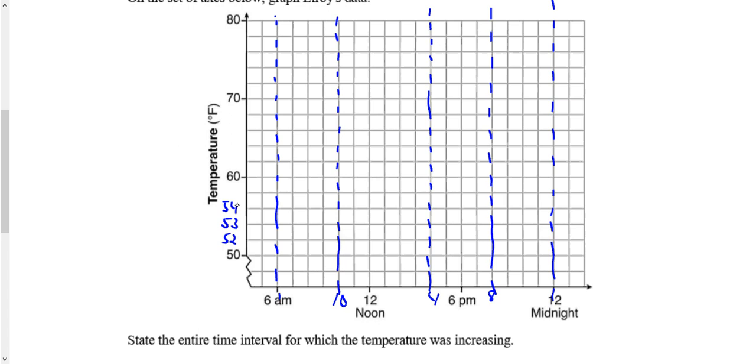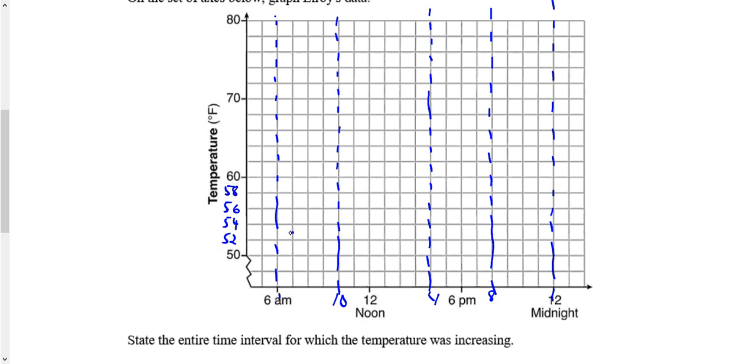No. Whoopsie daisy. Going by 2s, right? 52, 54, 56, 58, 60, right? So 3 degrees per hour is not quite exact, right? So let's just see if we can go from 50, 1, 2, about halfway.